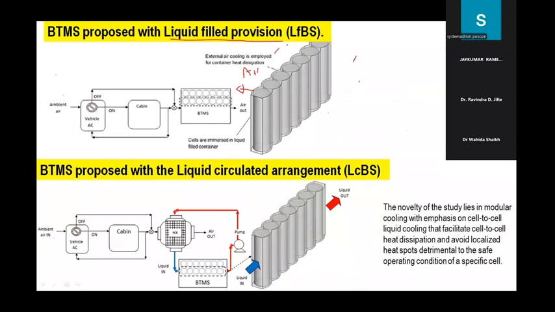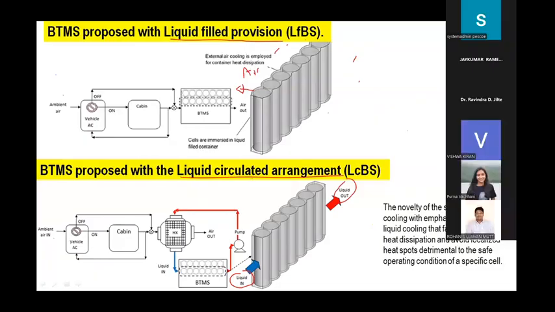In the second situation, called the liquid circulated arrangement, you have provisions for liquid in and out throughout the passage. Then there is a question: air can be taken from the air conditioner, but what happens to the liquid? Suppose I want to input the liquid at a temperature of 25 degrees Celsius, how will you get 25 degrees Celsius water or nanofluid? Here comes the role of the heat exchangers.